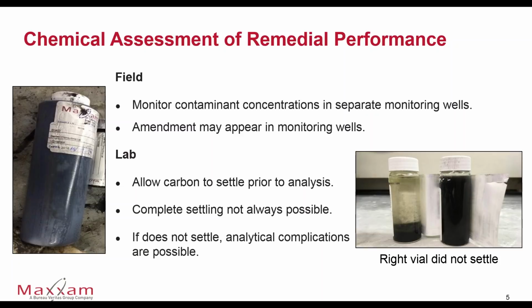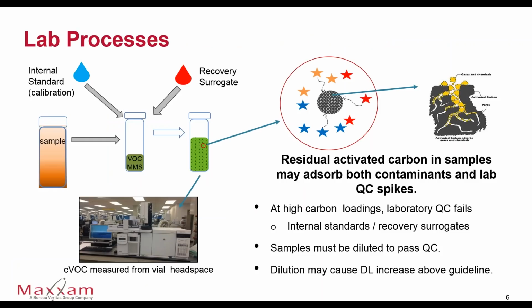But if you've got a vial like the one on the right that sat for a couple of weeks or longer and did not settle, then we have no choice but to sample with some of the carbon in it. So we try to allow the carbon to settle prior to analysis wherever possible. But for those samples where the carbon doesn't settle within the holding time, we have to analyze it with the carbon in it, and then we can get into some challenges.